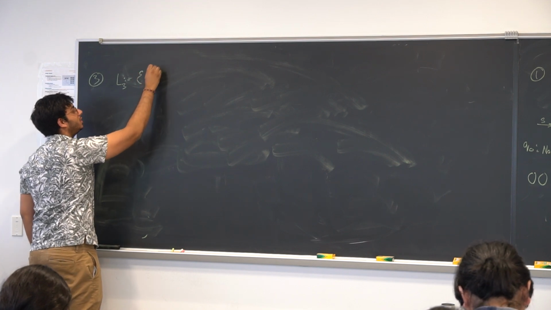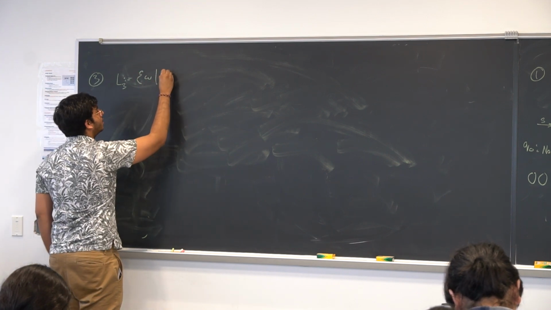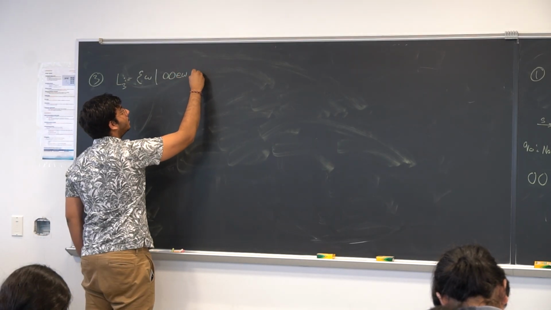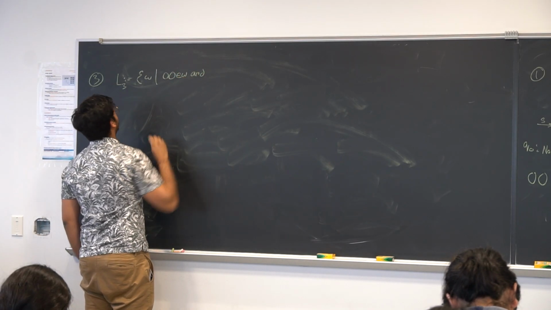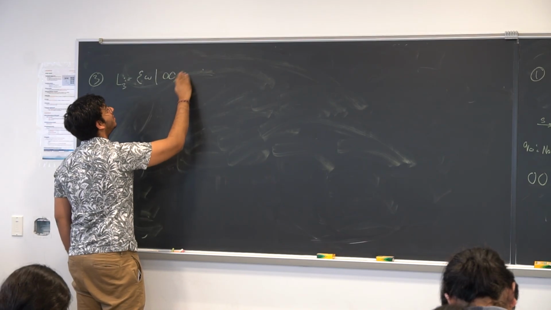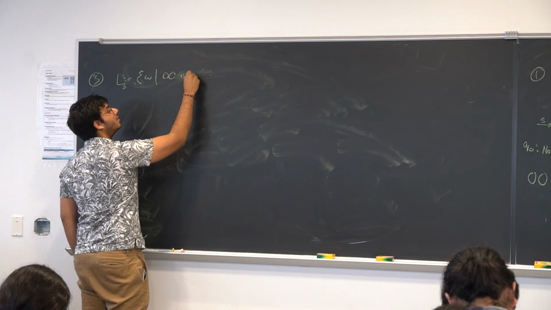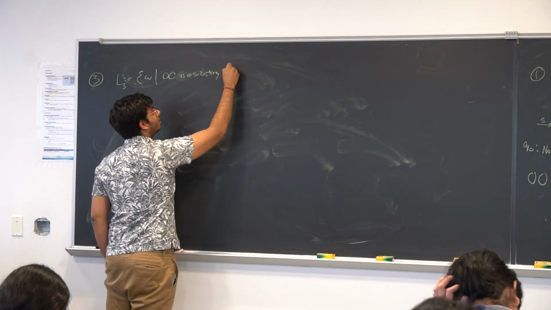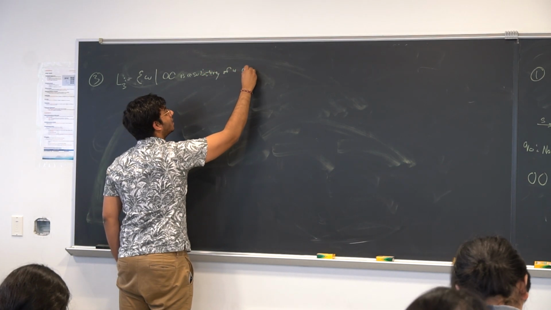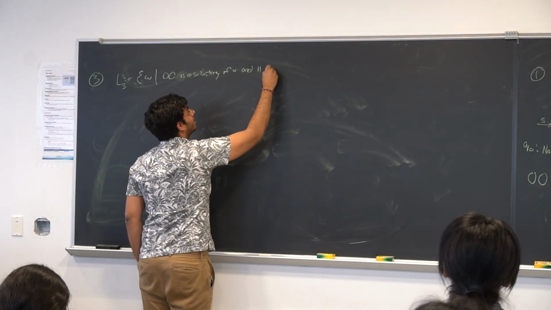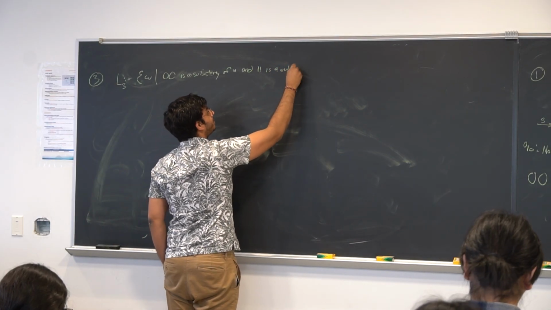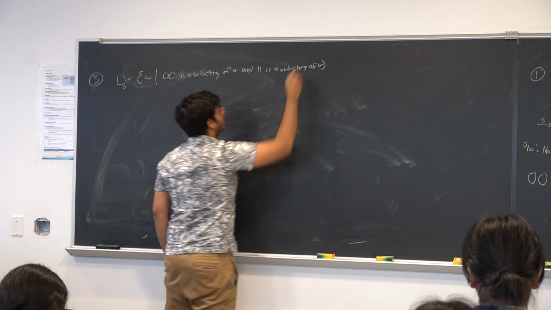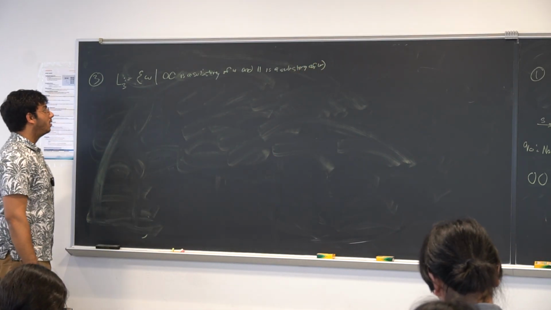This is the set of all strings W such that 0, 0 is a substring of W and 1, 1 is a substring. Okay.